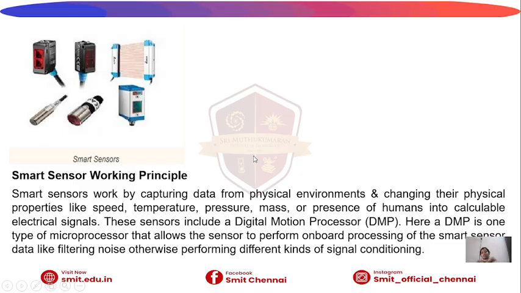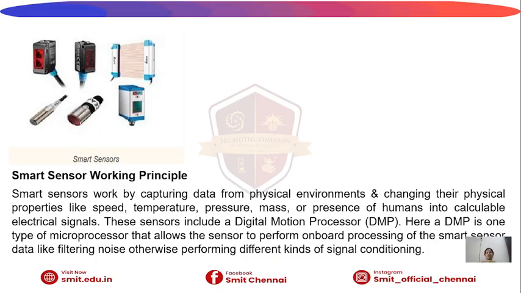So a smart sensor is an integrated device. The working principle of a smart sensor is that it captures data from the physical environment, such as speed, temperature, pressure, and mass, and these are converted into an electrical signal.